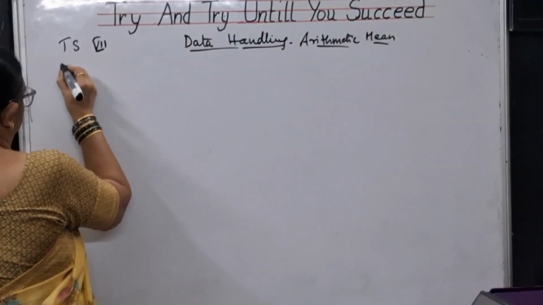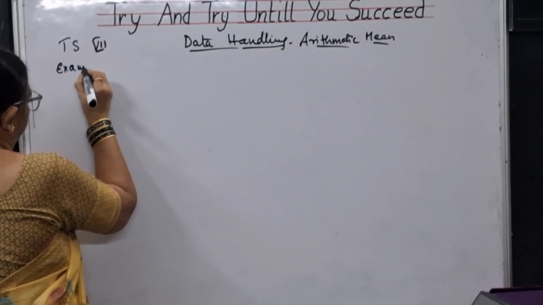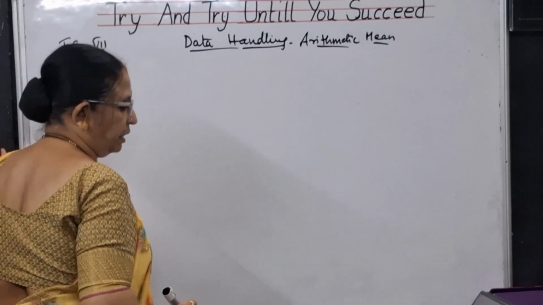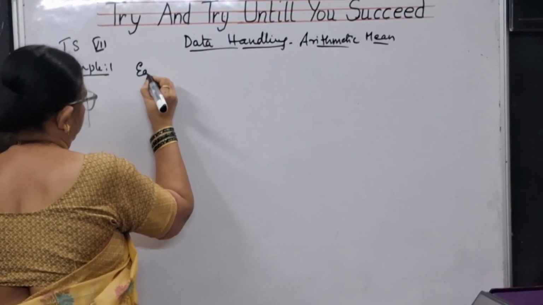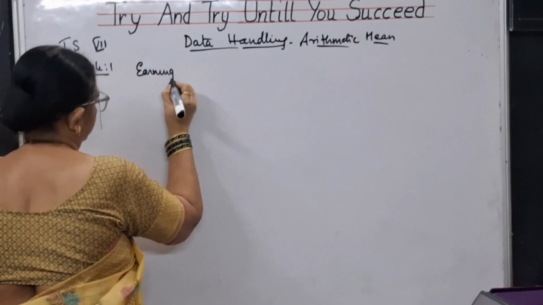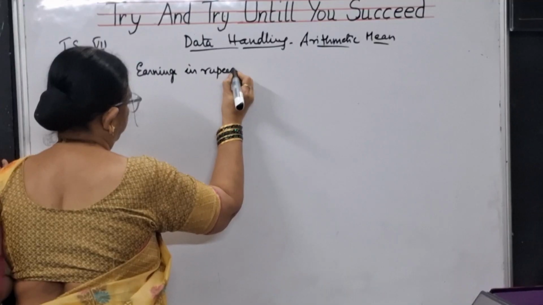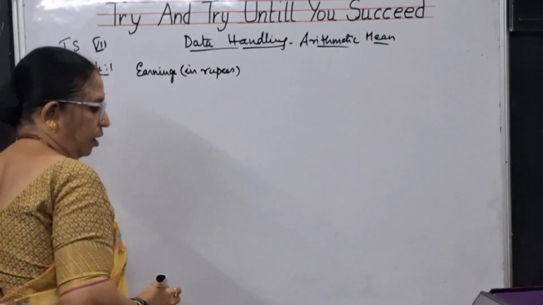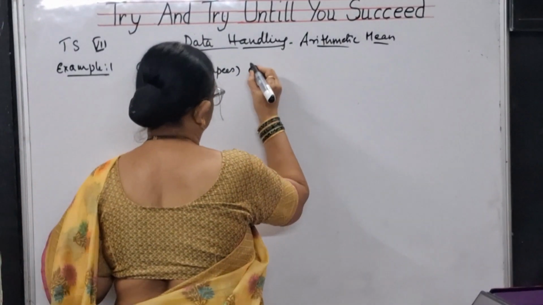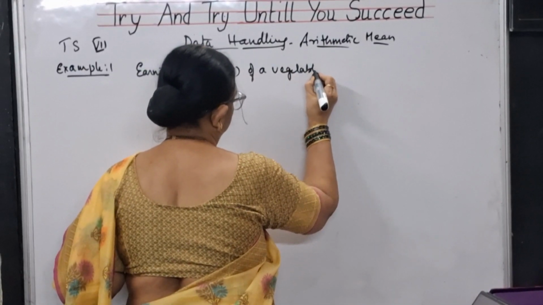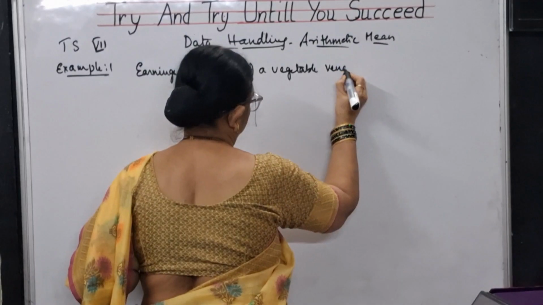Example 1. Earnings in rupees of a vegetable vendor.